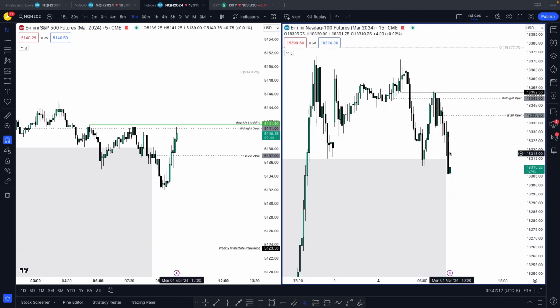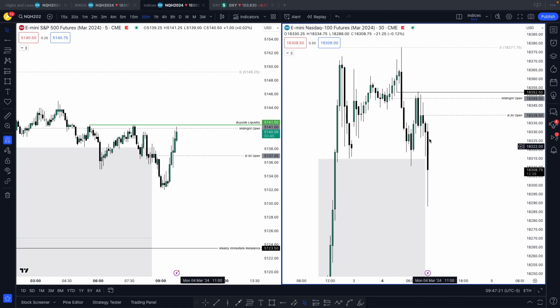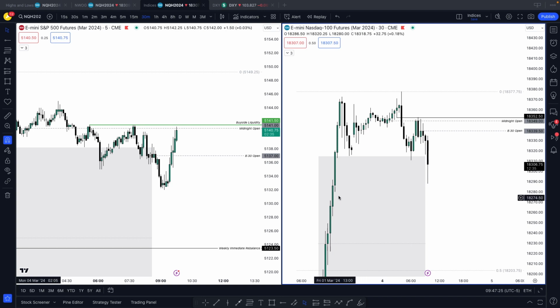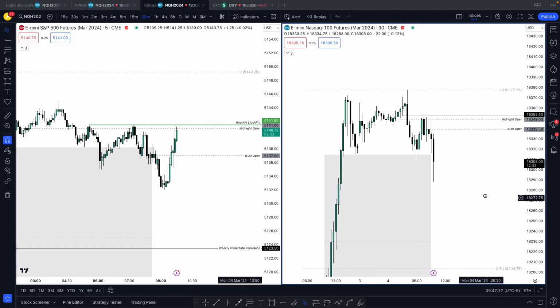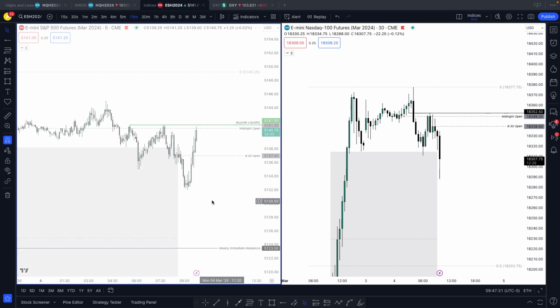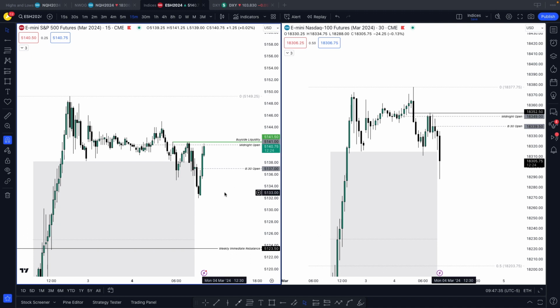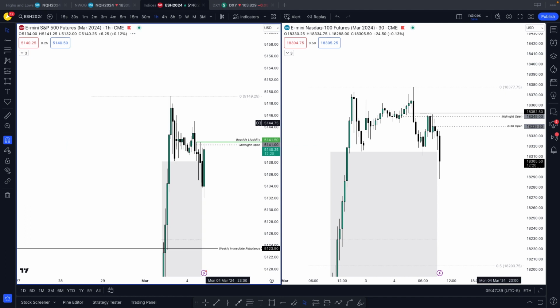So immediate rebalance there on the 15-minute. And so far just continuing to drop lower. You have more inefficiency that exists down here and down here. So ES likely reaching up into the buy side there.